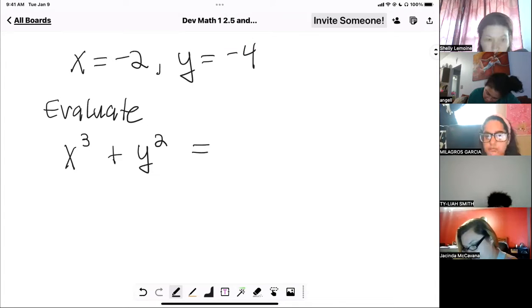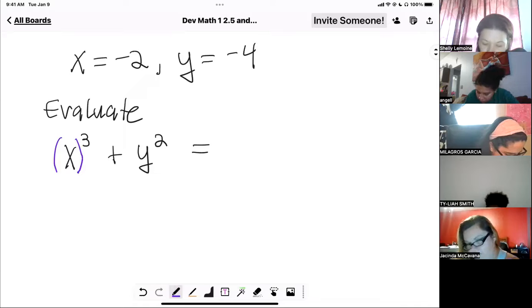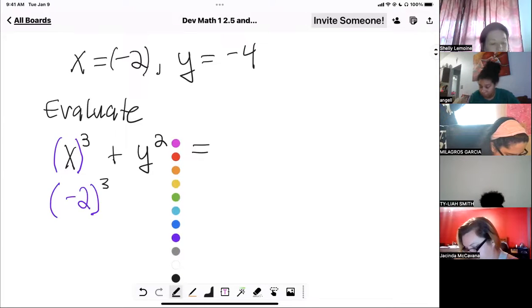Okay, so X is negative 2. Just X, that 3 has to stay. So X is going to become, I'll put it right back in parentheses, negative 2 to the third. All I could do is replace X with negative 2. Does that make sense? How that happened? It doesn't matter that this wasn't in parentheses. I'm just saying every X is negative 2.